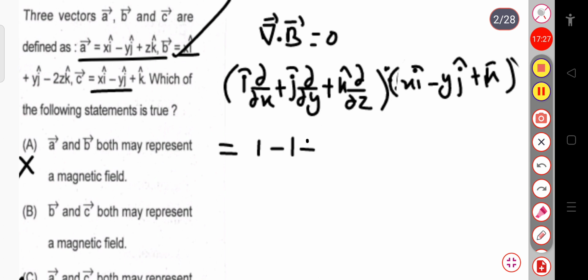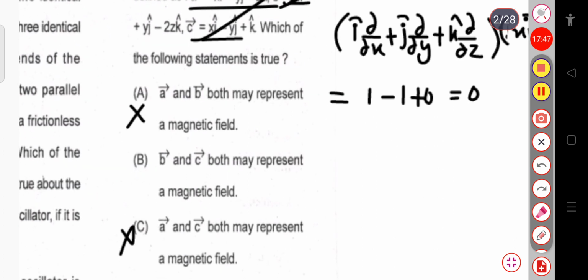So this is plus 0. 1 minus 1 is 0. So here we have concluded that del dot A is not equal to 0, but del dot B and del dot C give 0 result. So the answer is B and C vectors both represent a magnetic field.